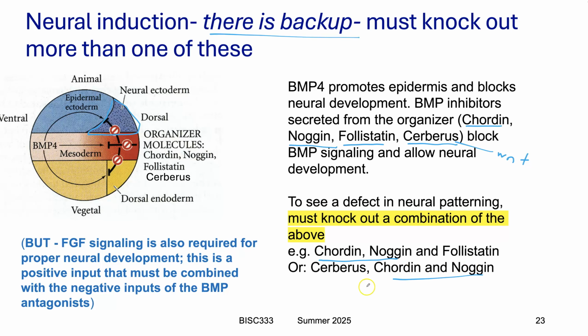So 3 of the 4 molecules have to be inhibited or inactivated in order to see that the neural ectoderm doesn't form properly. There's also a positive signal, which is FGF, to promote neural development. So you do have an activating factor as well. But the most important one is the inhibition of BMP4.